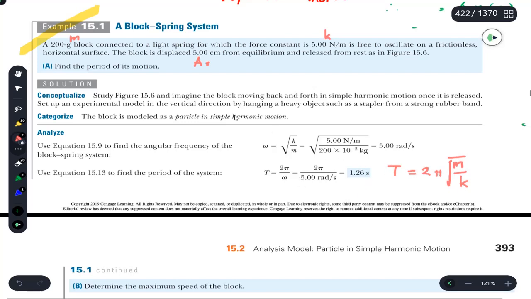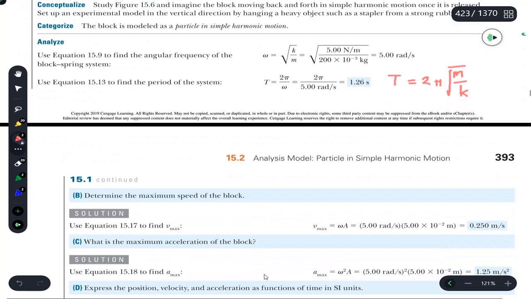Alright, now the next one: maximum speed of the block. Asking for maximum speed, you have two options. In this case, they give you the expression omega times A. If you don't remember, go back to the expression for v in terms of time: negative omega A sine of omega t plus the correction of phi, or phase constant.